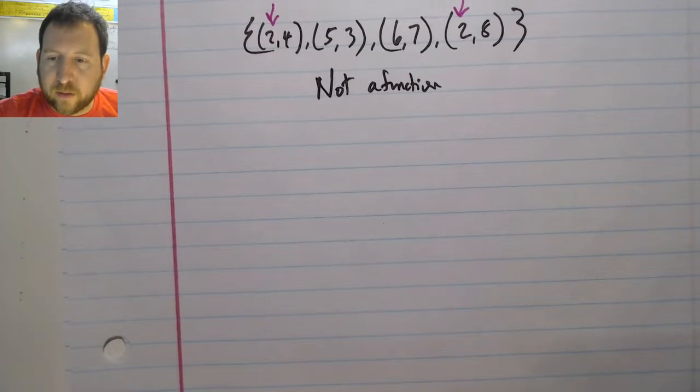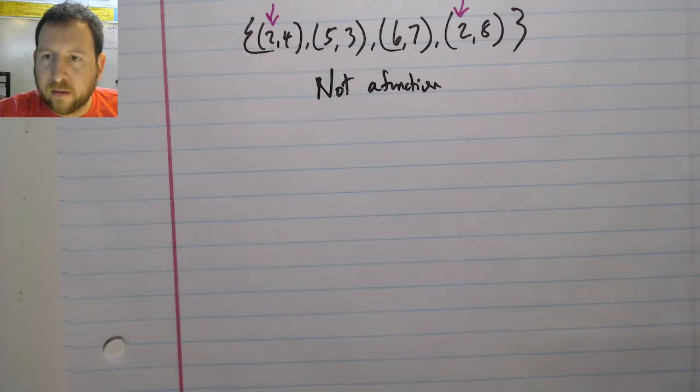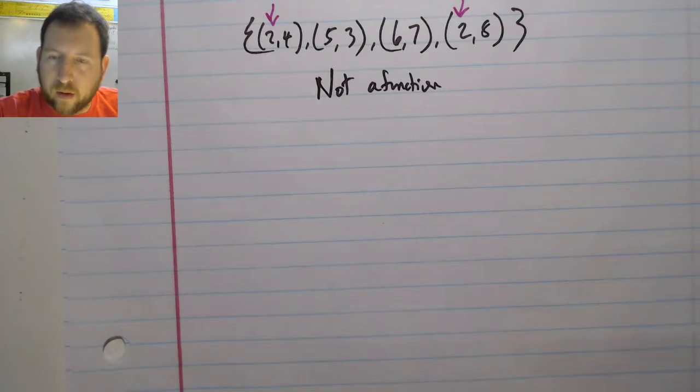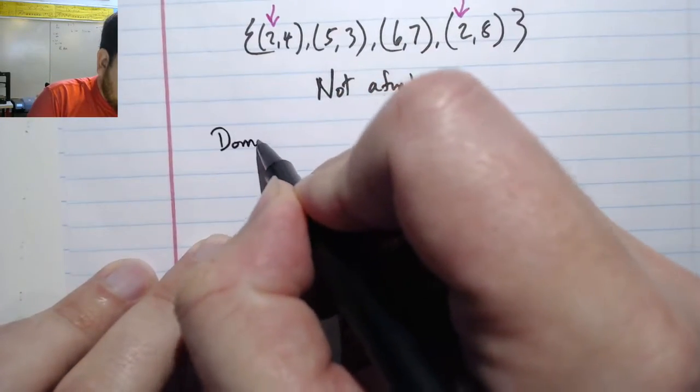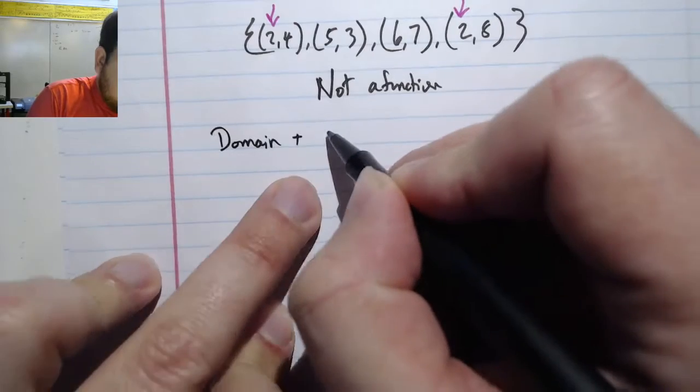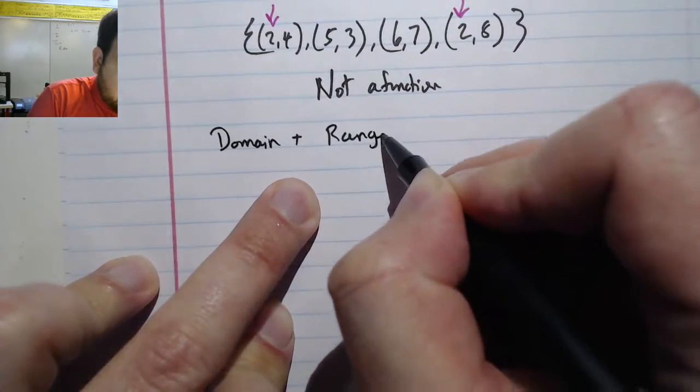Now, these inputs and outputs, we can also call by different words. And this is the word that we're going to be focusing on in this section. We have our domain and range.